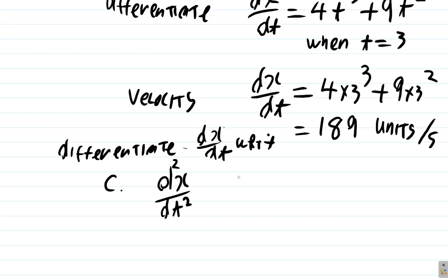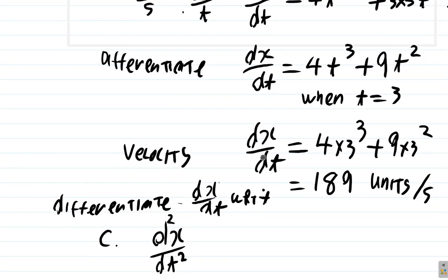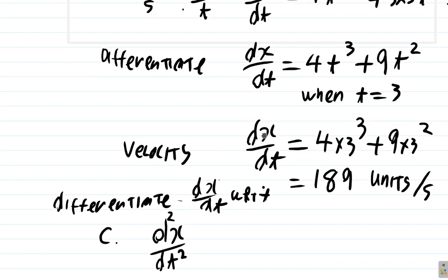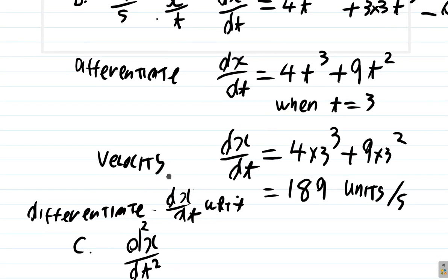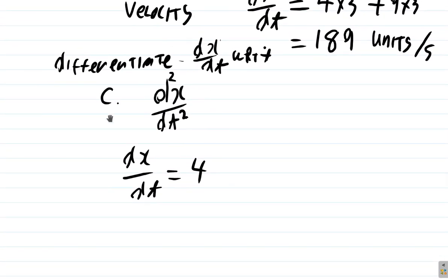Dx by dt is equal to 4t cubed plus 9t squared.